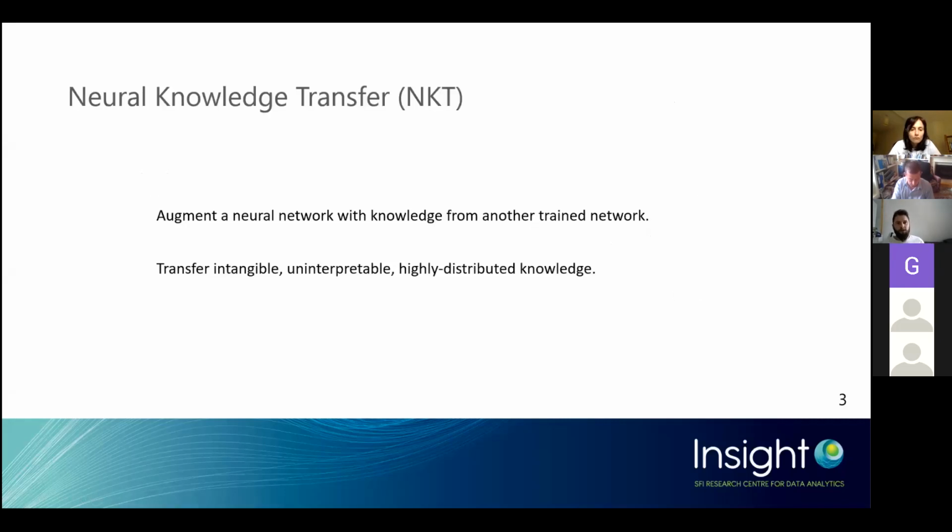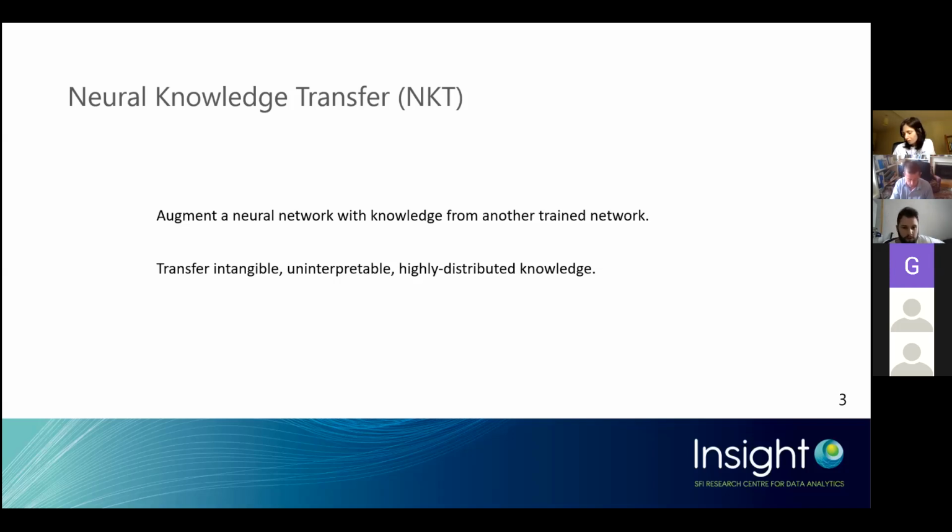So neural knowledge transfer is the idea of augmenting the learning process of one neural network with knowledge from another neural network, another already trained network. For anyone who's familiar with traditional transfer learning, it's different from that. Instead of copying over the weights, we're going to transfer knowledge taken from the activations of the networks when we're passing through a particular data set.